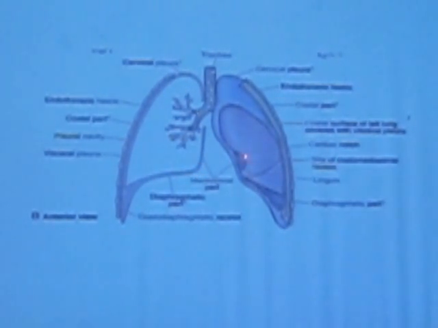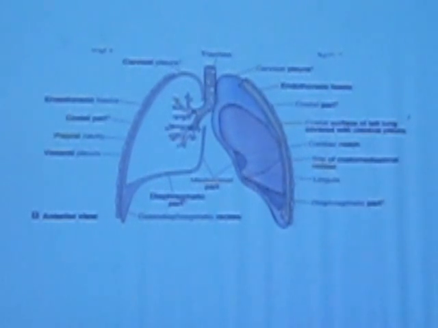And the lower anterior edge border of the lung forms the costomediastinal recess. Again, the costophrenic recess and cardiophrenic recess. So you have to identify these things.